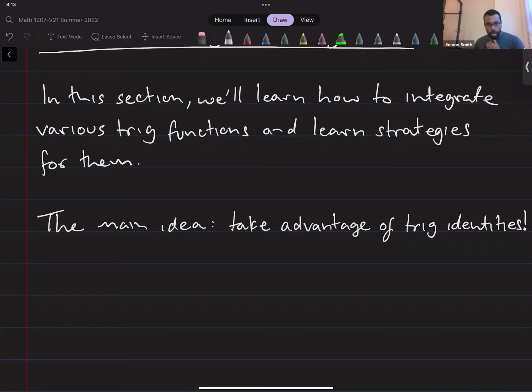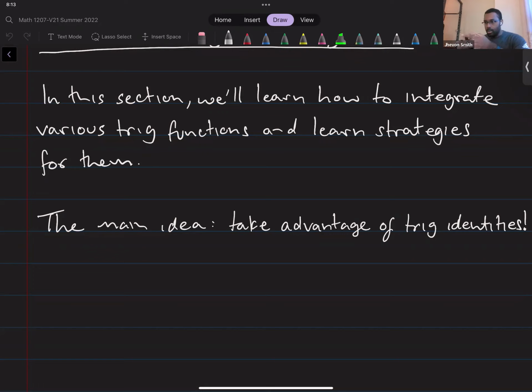Things like that come up all the time. Of course, you should also know how the integrals and derivatives of the different trig functions interplay with each other. The derivative of sine is cosine, and the derivative of cosine is minus sine.